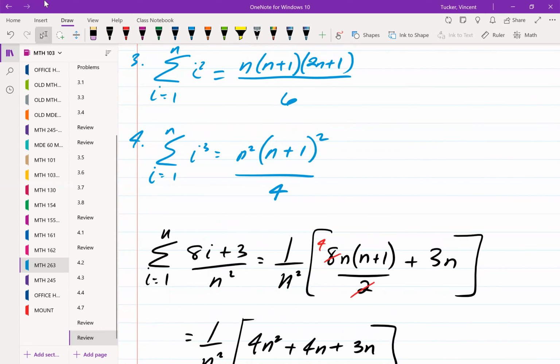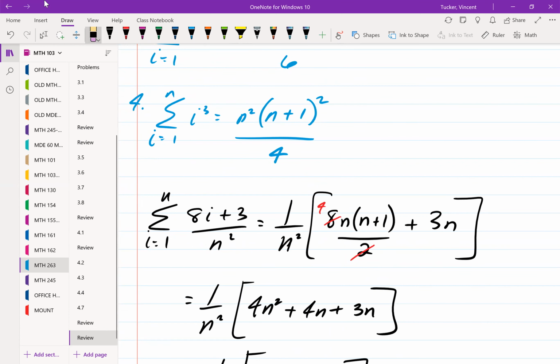All right. So from there, we can go ahead and look to simplify. So if we were to look at this, we have 8 times n plus 1 over 2 plus 3 over n. I brought that 1 over n squared to the front because remember, we substituted in for i, not for n. So substituting for i, that gives us n times n plus 1 over 2.